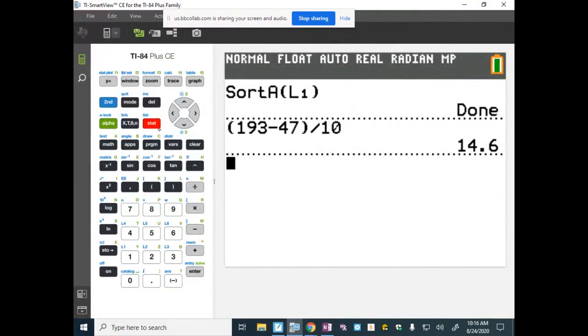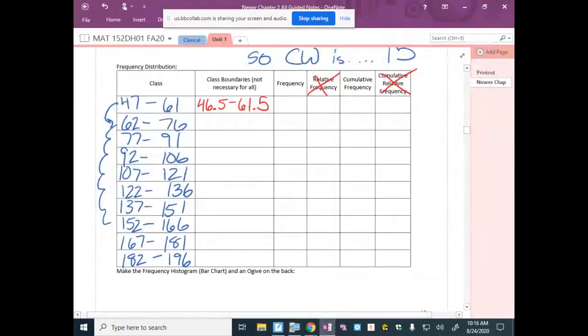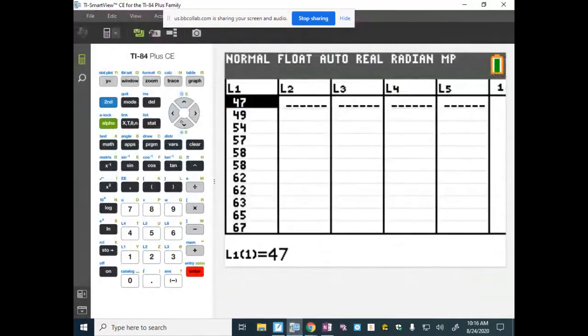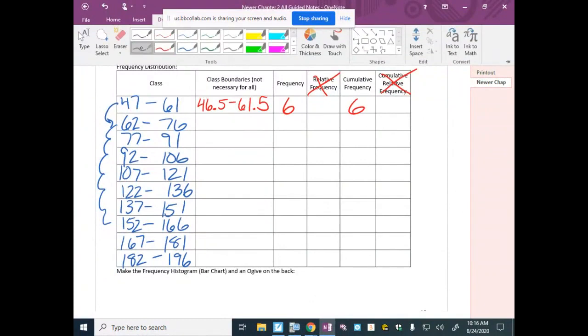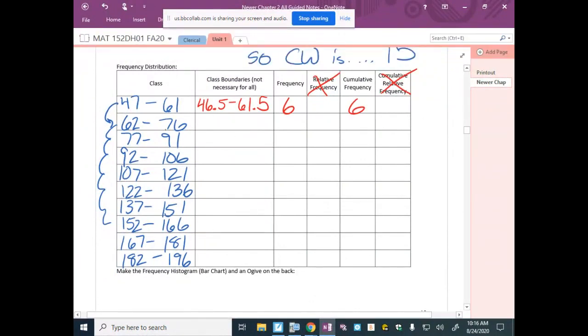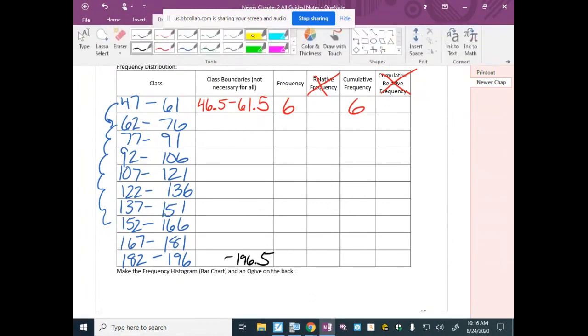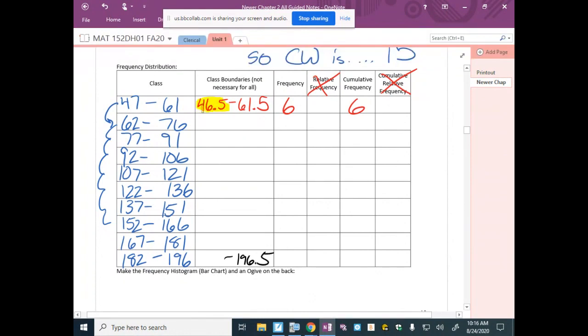So let's see. For that first set, 47 to 61, there were 1, 2, 3, 4, 5, 6. I'm not going to write them all out, but this is going to end with 196.5. Why do the class boundaries this way? This is going to help us when we do our calculator. Trust me.